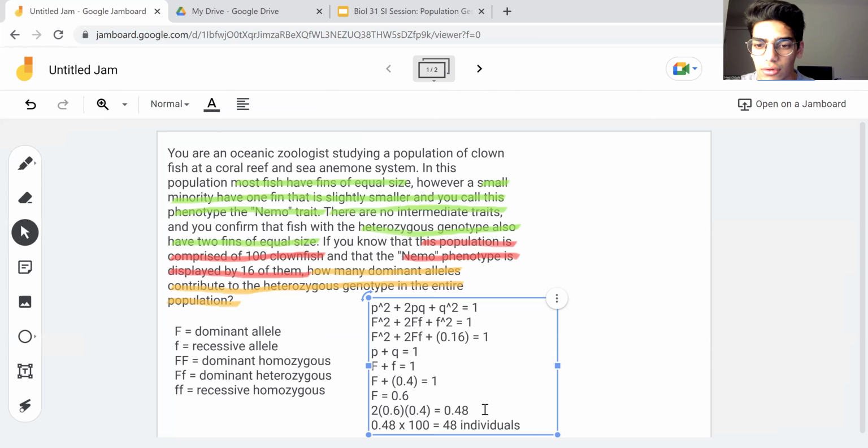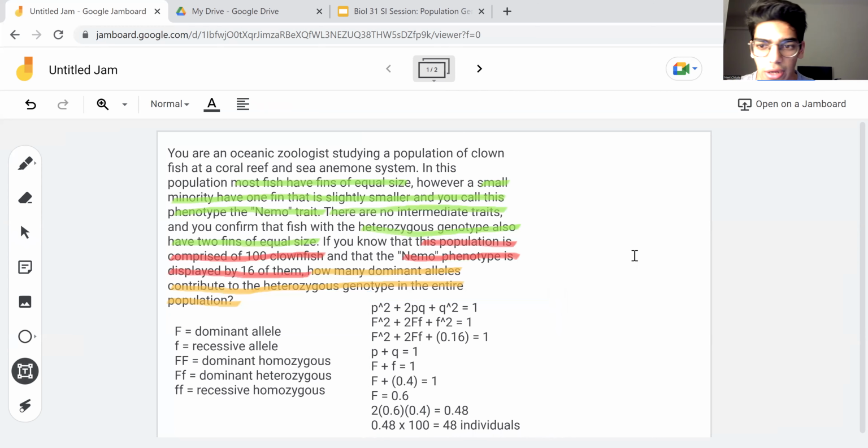And then what I'm going to do is multiply this by the number of alleles, since there is a conversion ratio of one individual to two alleles. I'm going to multiply this number times two.